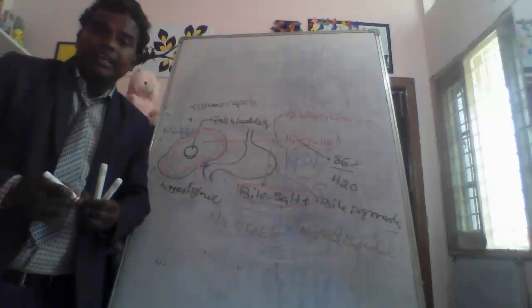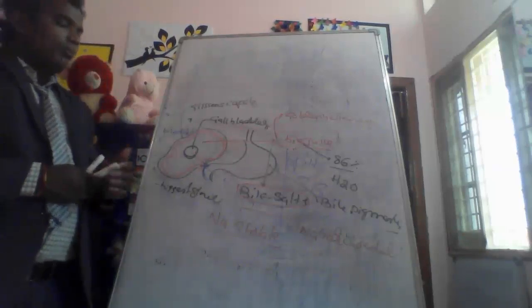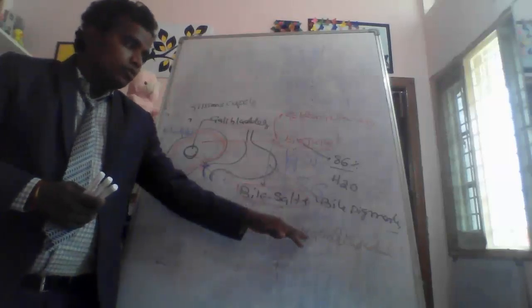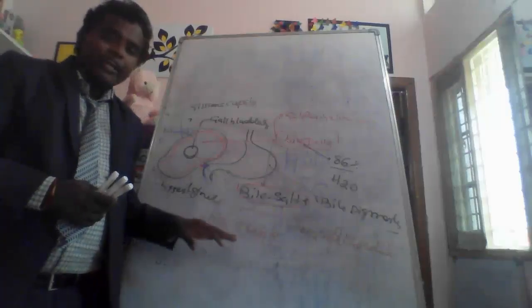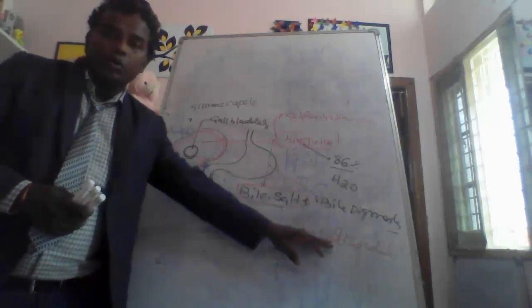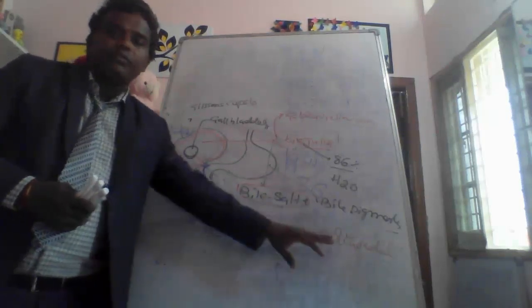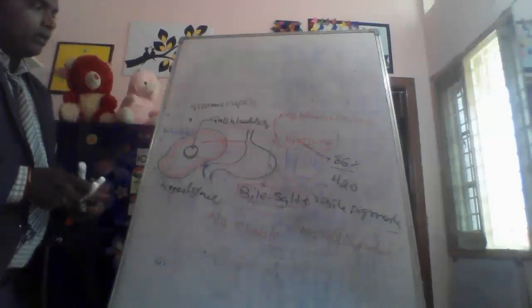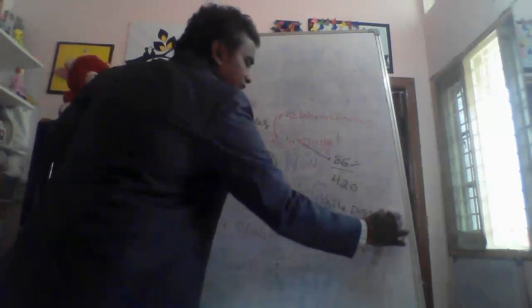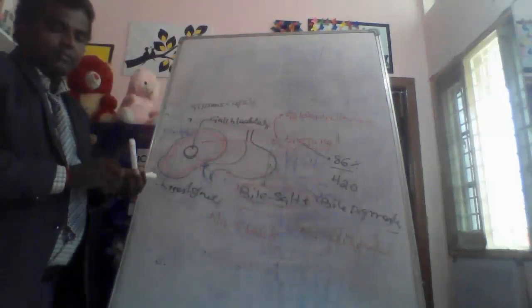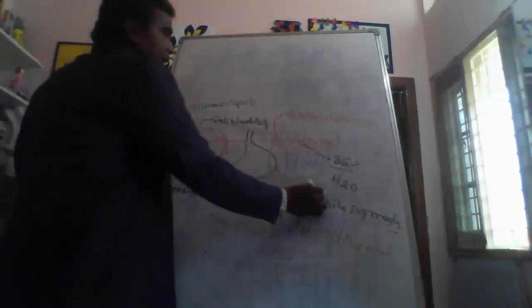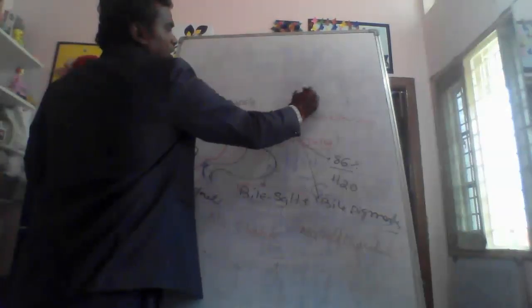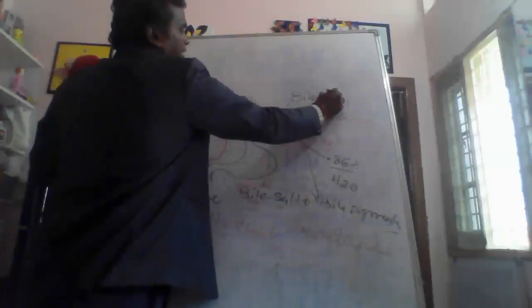Mainly these are the important bile salts: sodium cholate and sodium taurocholate. Now, what are the bile pigments? Number one, bilirubin.